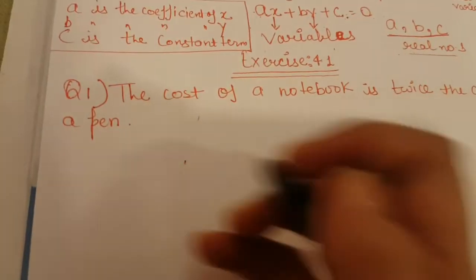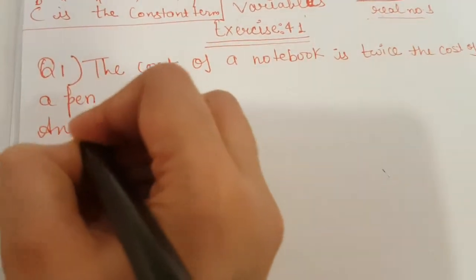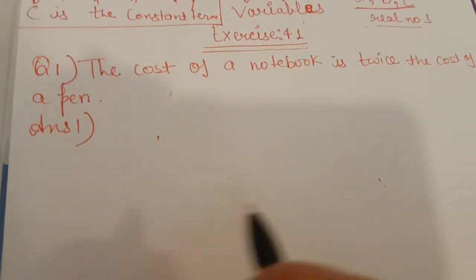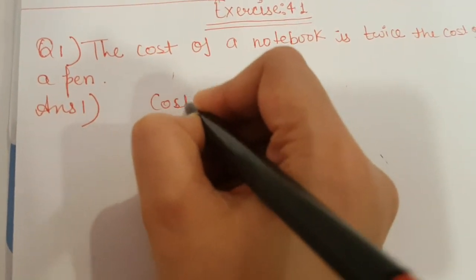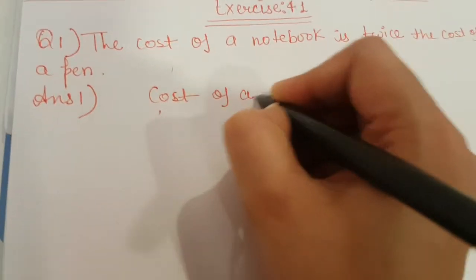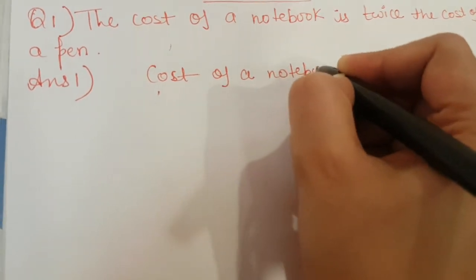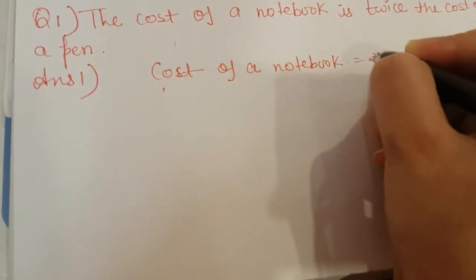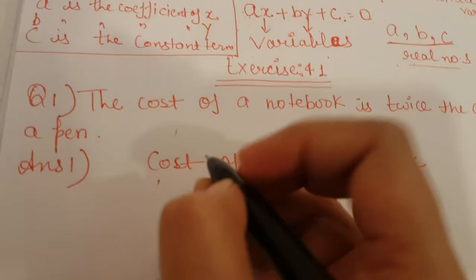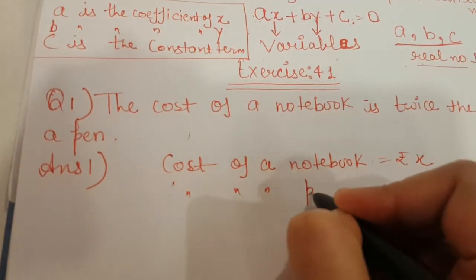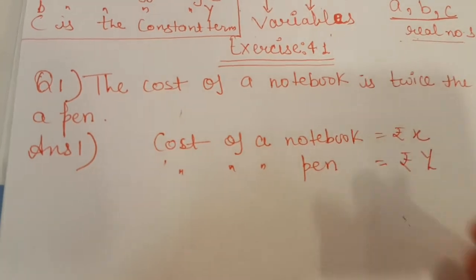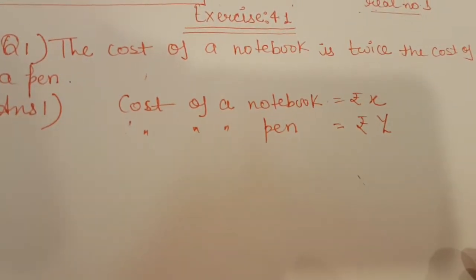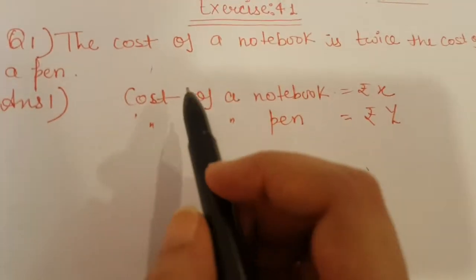Okay, but they have given, so we have to take those variables only. So what have they given? That cost of a notebook is rupees X and cost of a pen is rupees Y. Now we will form an equation according to the given situation.